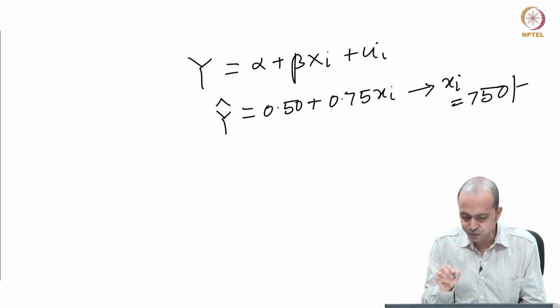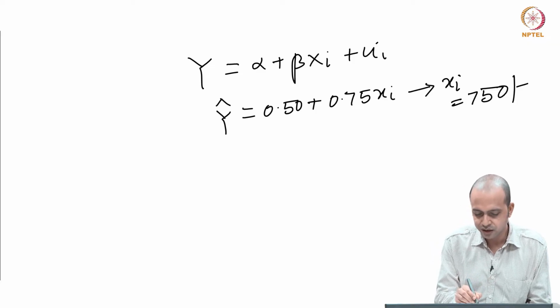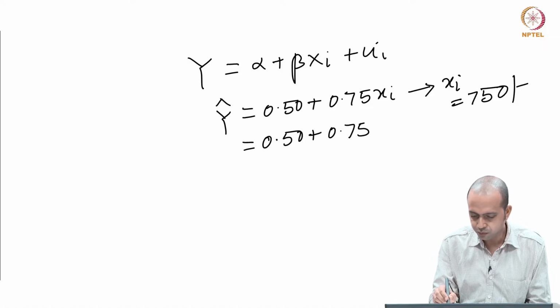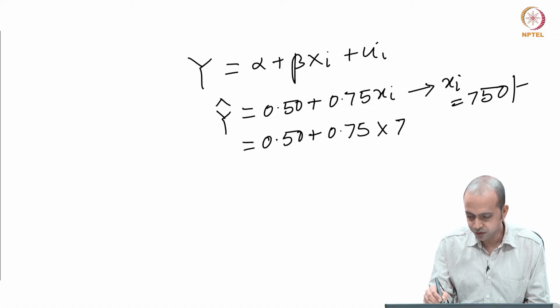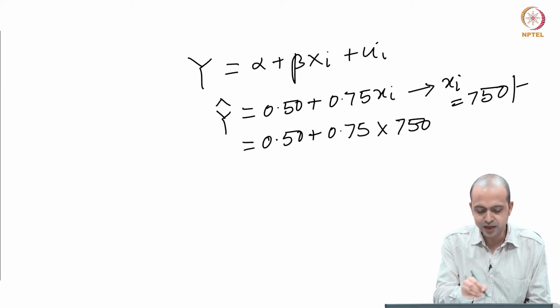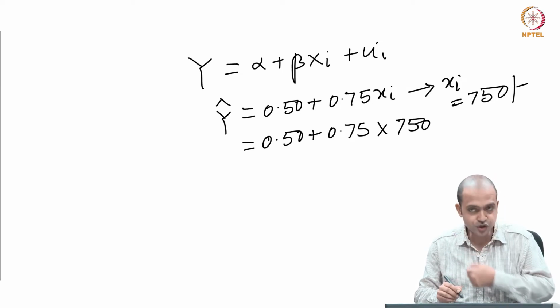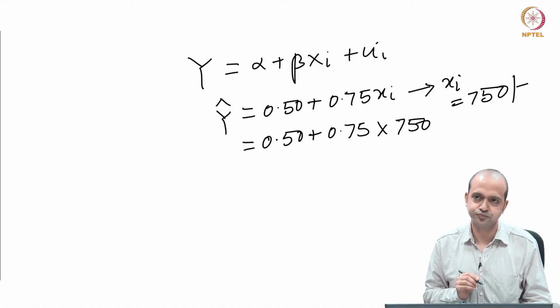So, if you put 750 here, then you will get Yi as 0.75 multiplied by 750. So, you will get the predicted consumption for the ith individual.